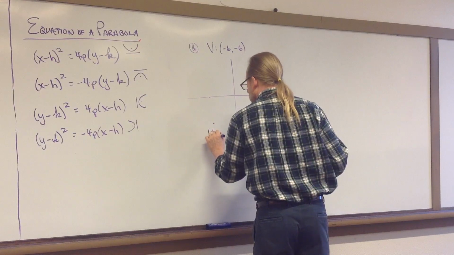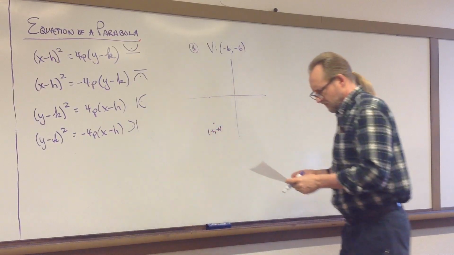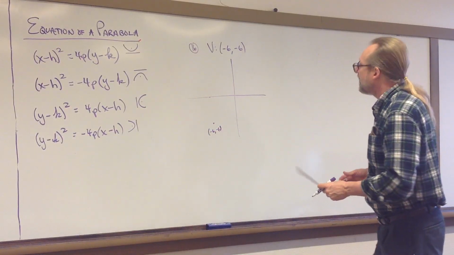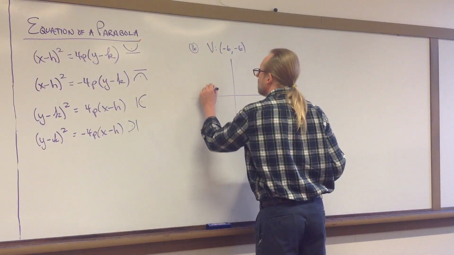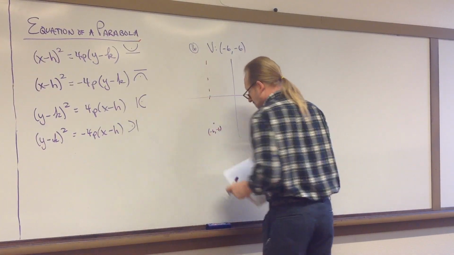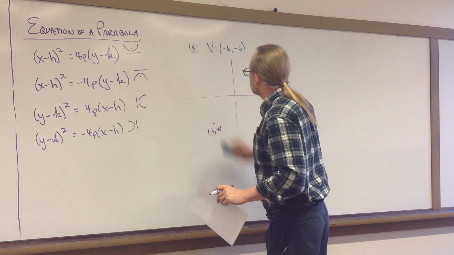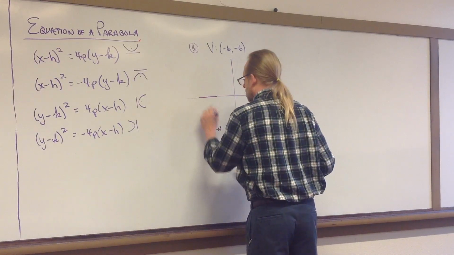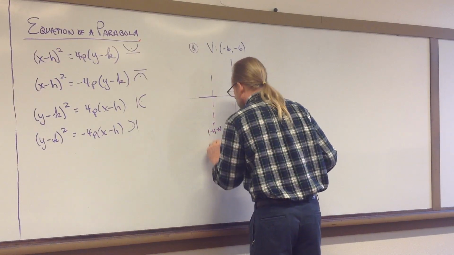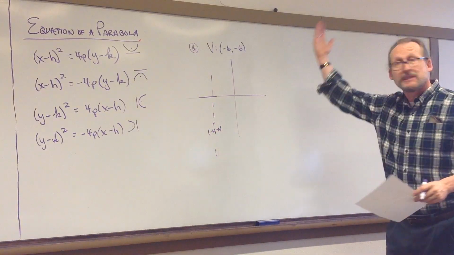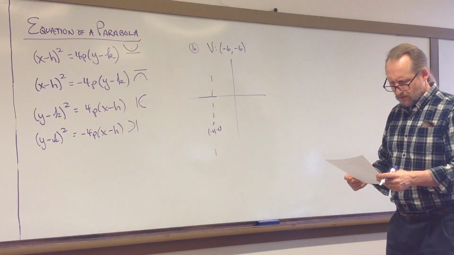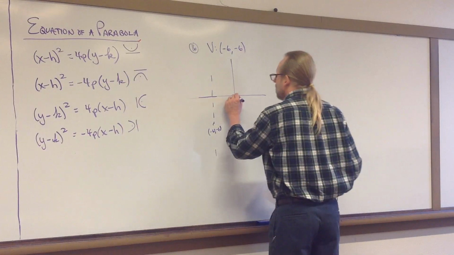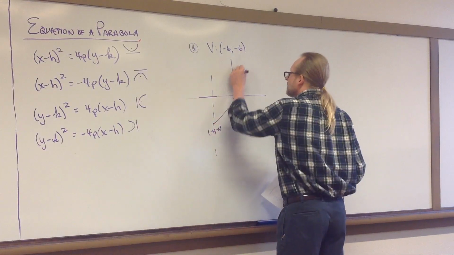So there it is. What else? Axis of symmetry parallel to the y-axis. Here we go. That means it's either going to be up or down. Contains the point 0, 0. That says it must be facing up.